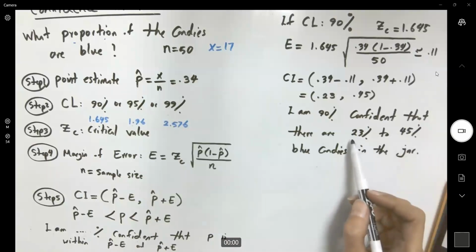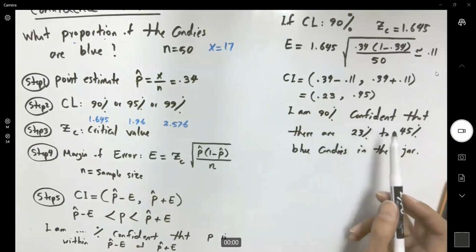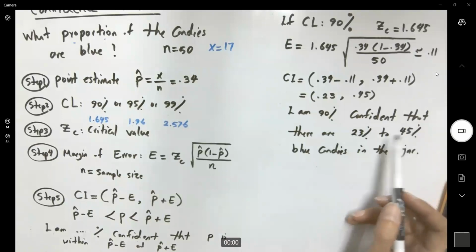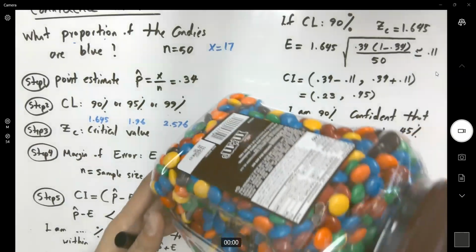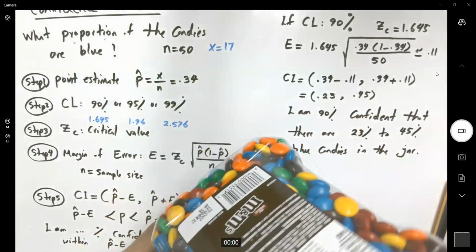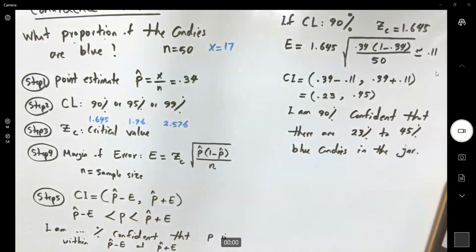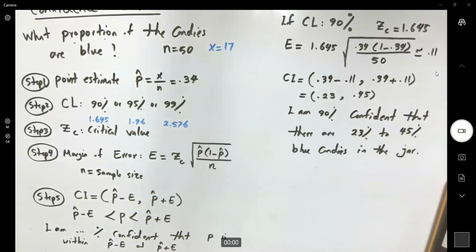So I expect to have 23% or 25% or 30%, 32%, 33%, 34%, 40%, 41%, 45%, or you can say that hey, almost half of the jar might have blue candies, or it might be just a third of this jar with blue candies. I am only 90% confident about that.